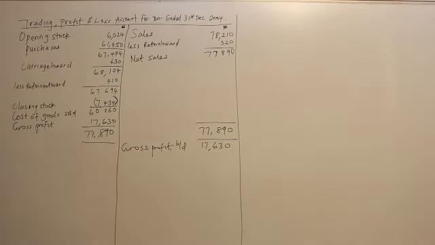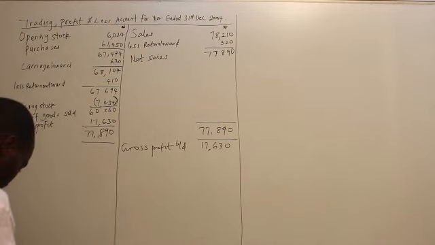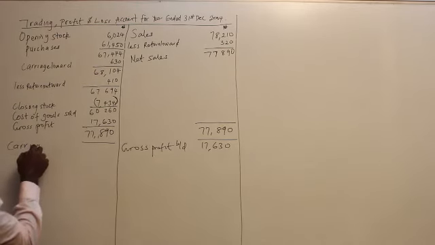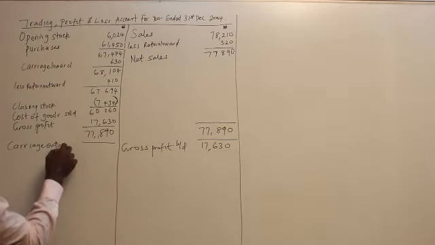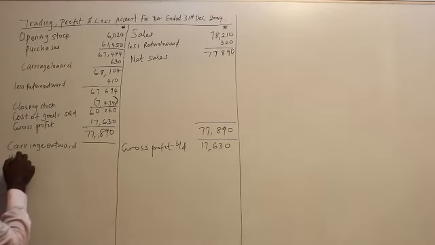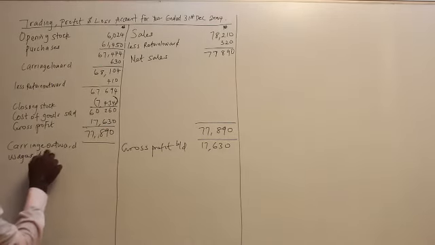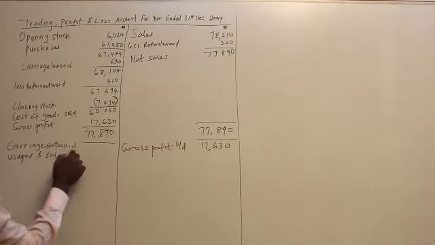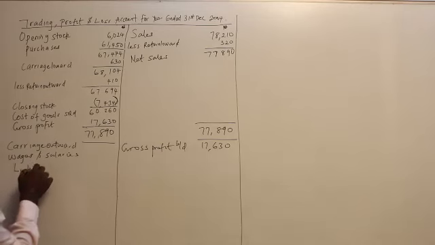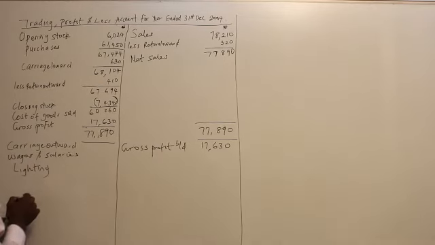Now the next thing is the list of expenses. So we're going to list all expenses in the period, and that starts from carriage outward. We have carriage outward. We have wages and salary. The next thing we have is lighting in the period. Thereafter we have rates.